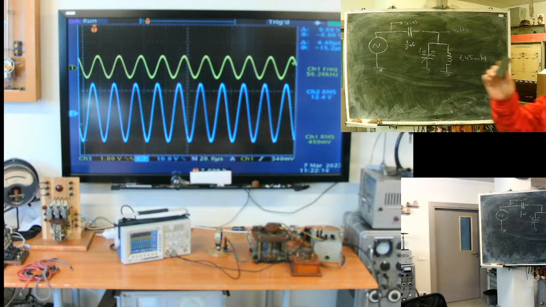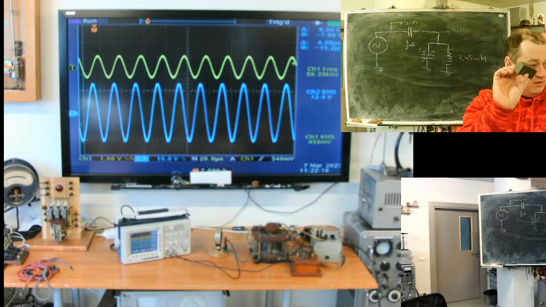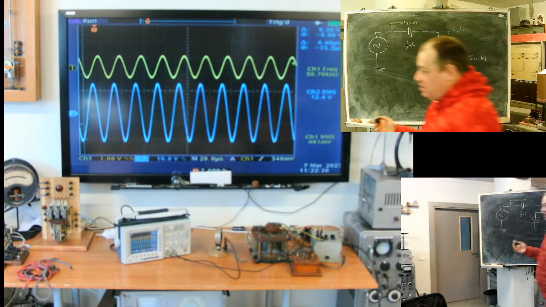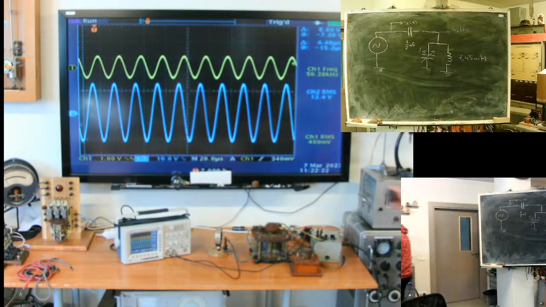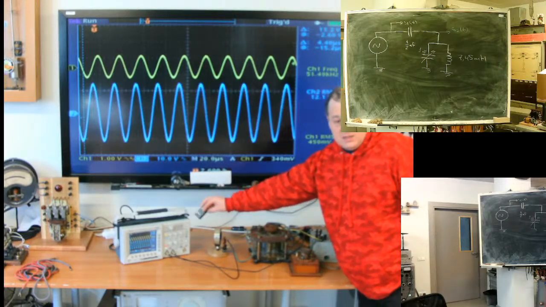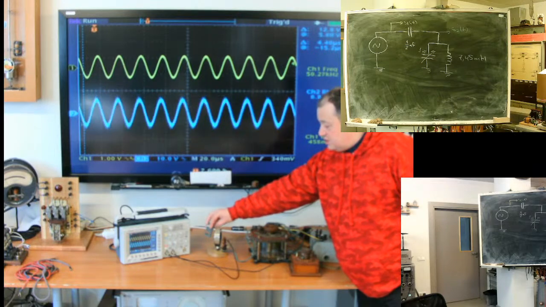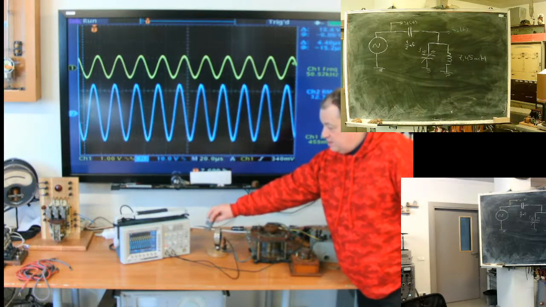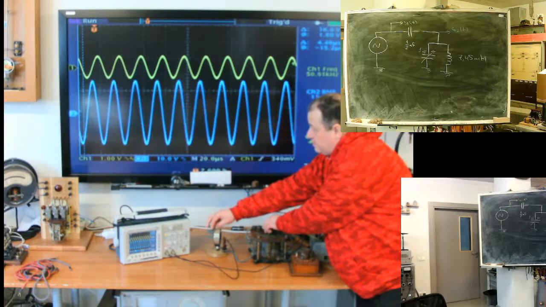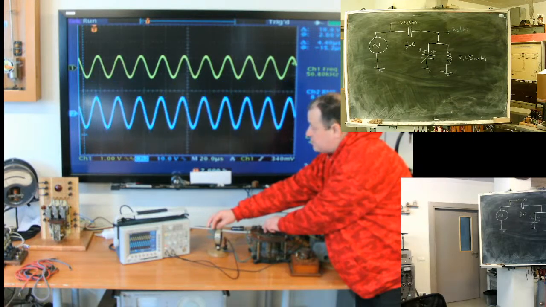I have this ferrite block. It's a good conductor for magnetic field. Adding it to the coil, I will increase magnetic conductance and thus increase inductance. I can compensate presence of the magnetic block with the capacitance change.